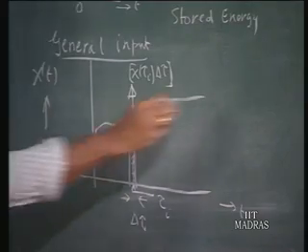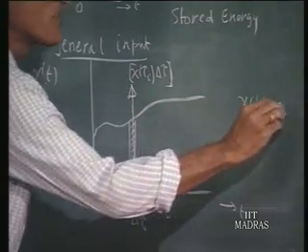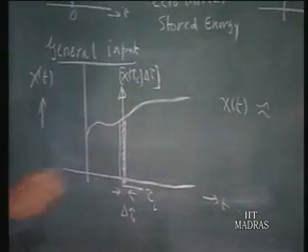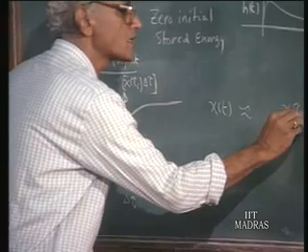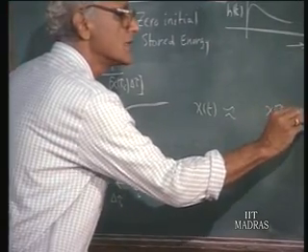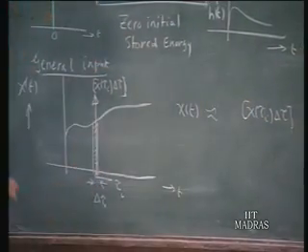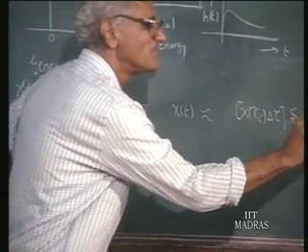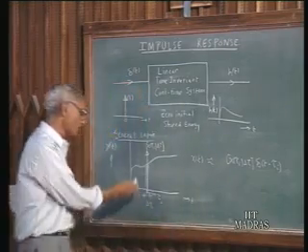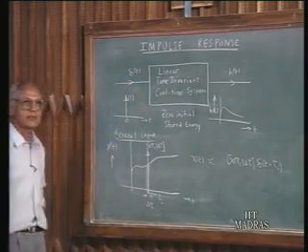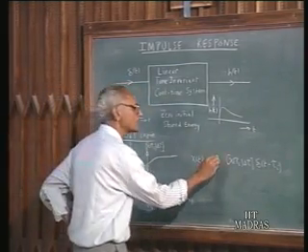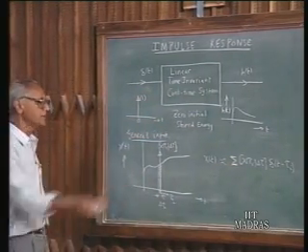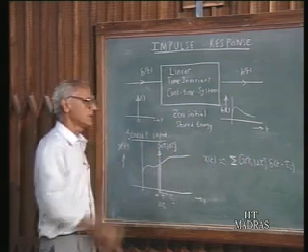So x of t can be approximated as a number of impulses. A particular impulse which we have sketched in the figure is x tau I delta tau, that is the area under the curve, that is the magnitude of the impulse, and that impulse is situated at tau I. This section of the input is replaced by an impulse, and several such impulses for the whole duration of the time will be approximately equal to x of t.